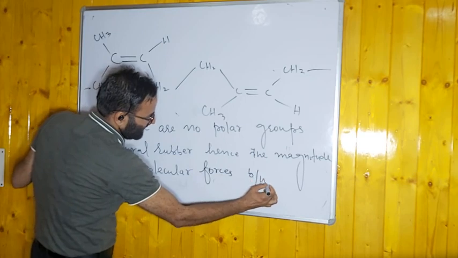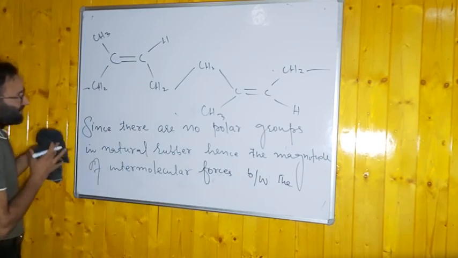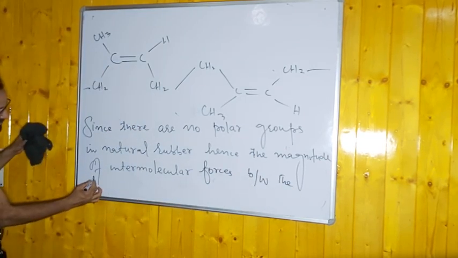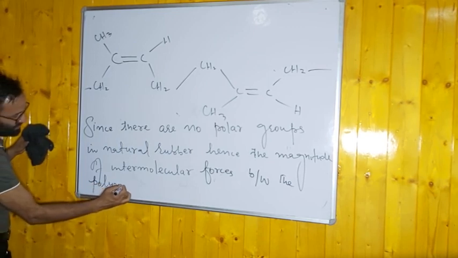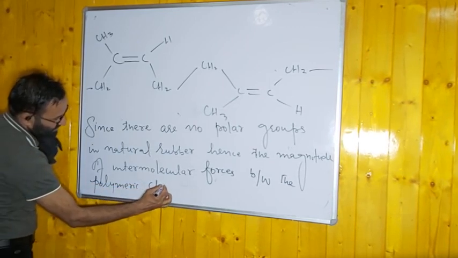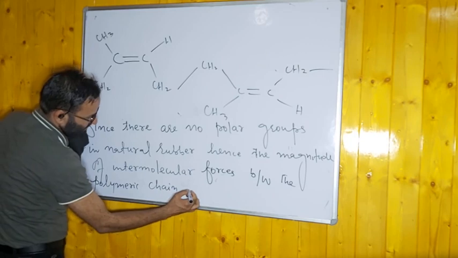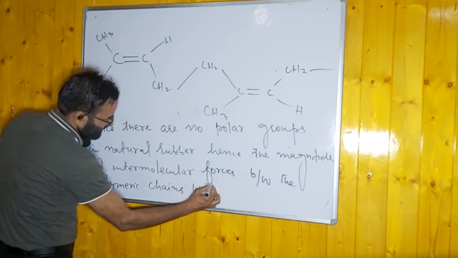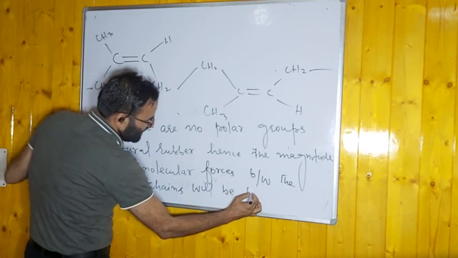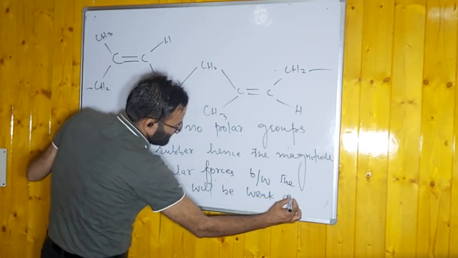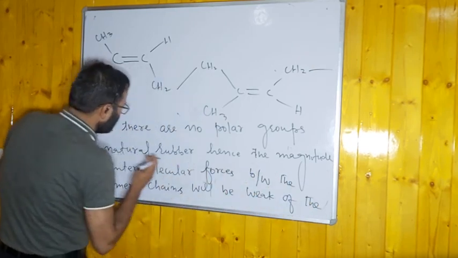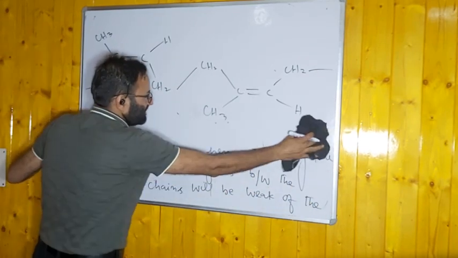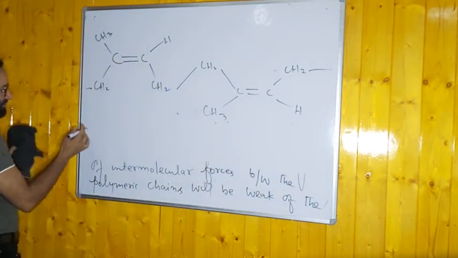between the polymeric chains will be weak of the van der Waals type.